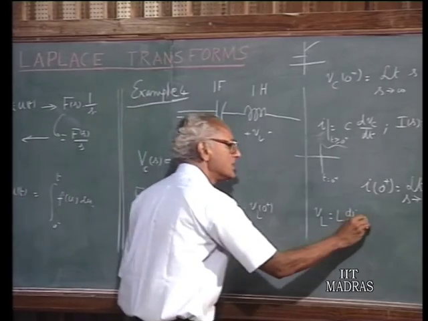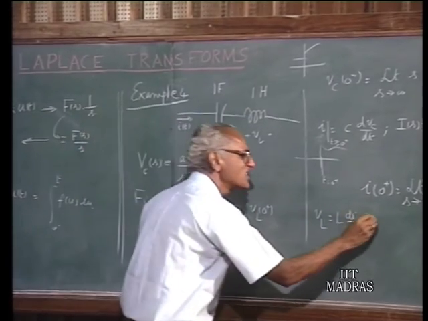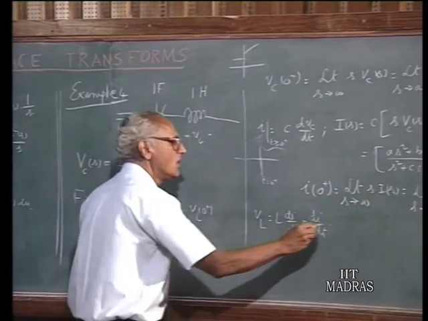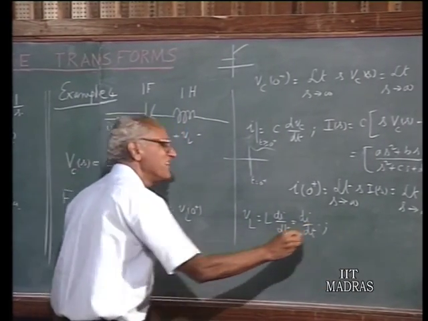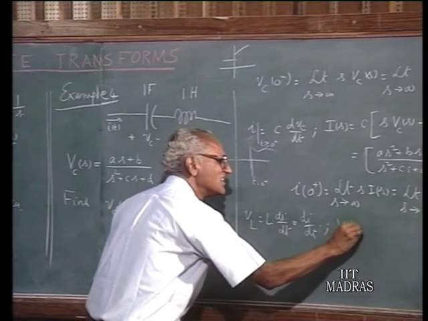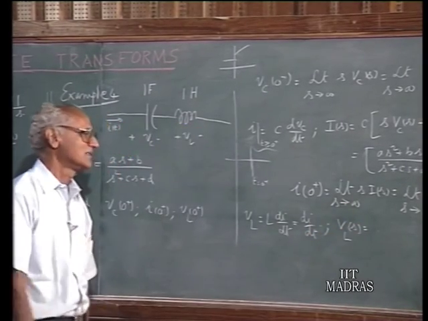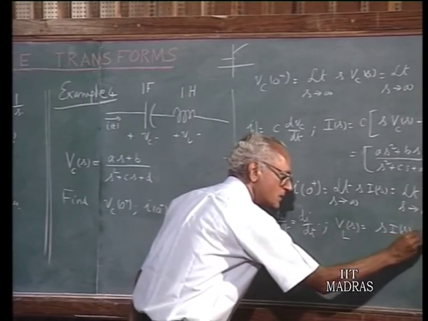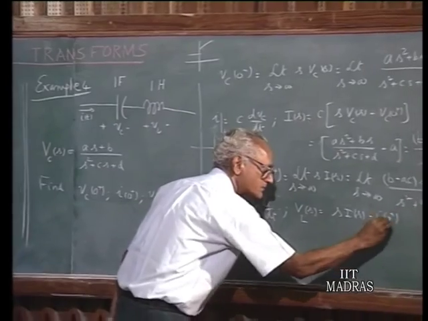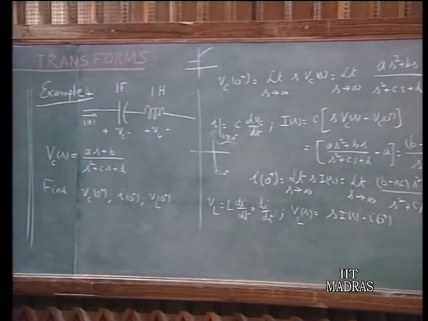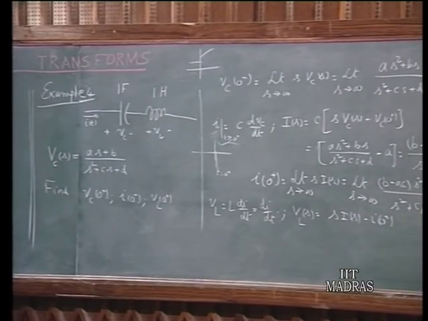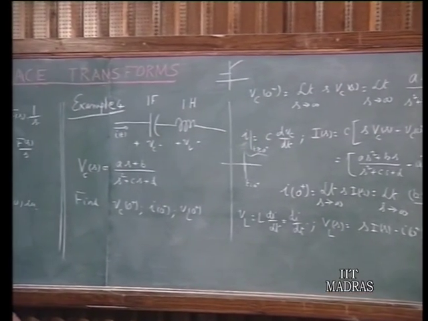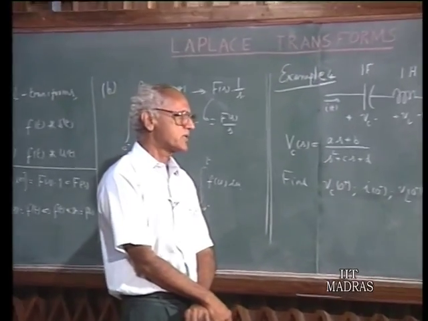In our case, the inductance value L is 1 Henry, therefore this is di upon dt, which now tells us that V L of s is s times I f s minus I 0 plus. Once again, we are taking the variation of the voltage across the inductance from t equals 0 plus onwards. We are ignoring any changes from 0 minus to 0 plus values.